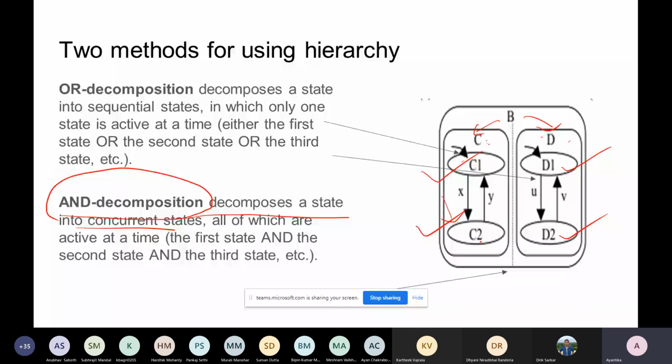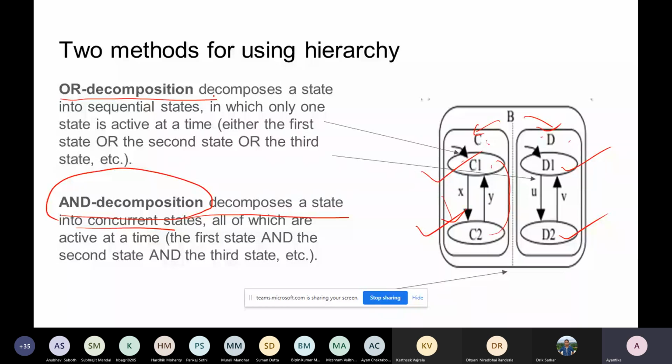Similarly, if transition condition Y is satisfied, C2 makes a transition to C1. That means in this case, at a time, either C1 or C2 is active. That's why this is called OR-decomposition.